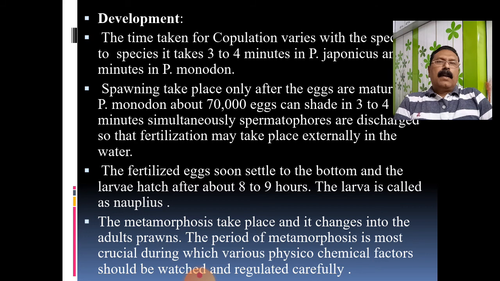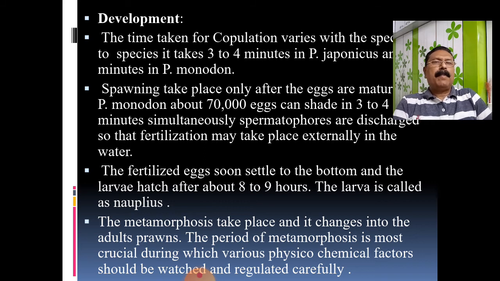Dear friends, here the spawning takes place only after the eggs are mature. No doubt, only mature eggs are shed, and therefore spawning takes place only after the eggs are mature. Penaeus monodon will give near about 70,000 eggs, and within 3 to 4 minutes, simultaneously the male releases spermatophores.